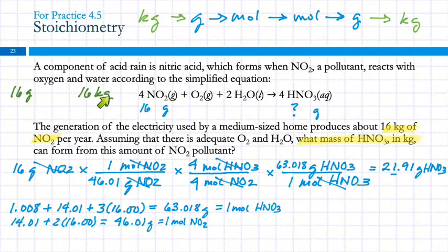This is 1,000 times bigger than that. But if 16 grams gave me 21, well, it would round to 22, gave me 22 grams, then 16 kilograms would give me 22 kilograms. Oh. It'd be the same.